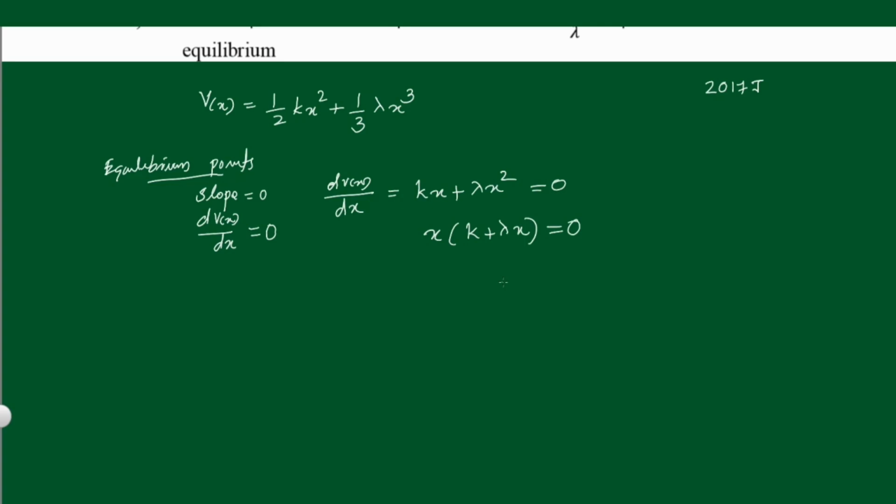Now this total function equals 0 when x equal to 0 or k plus lambda x equal to 0. That means x equal to minus k by lambda. So these two are the equilibrium points. One is x equal to minus k by lambda and another is x equal to 0.